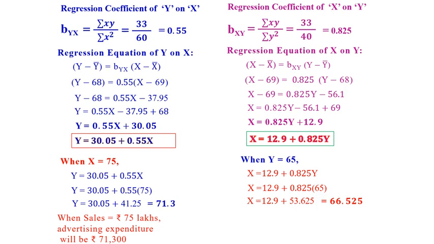Adding them up we get 66.525. So if advertisement expenditure is 65,000, sales will be 66,52,500 rupees. Okay, when advertisement expenditure becomes 65,000, sales will be 66.525 lakhs. I hope you understood how to predict the values when x is given and when y is given.